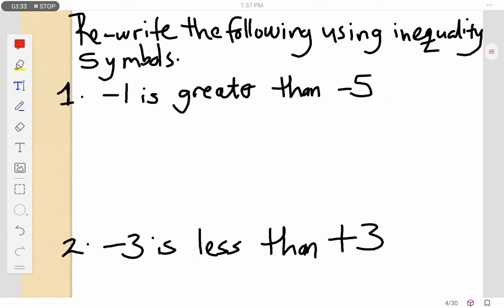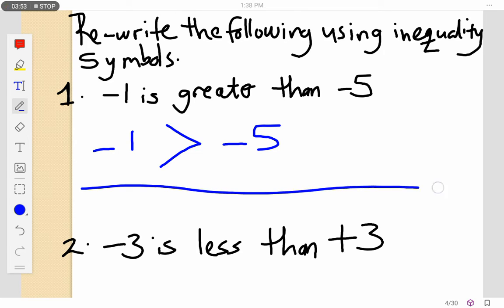Okay, now let's have an example of this exercise. Rewrite the following using inequality symbols. Okay, I've got -1 is greater than -5. So I'll write my -1. We are saying -1 is greater than, that's the greater than sign, -5.